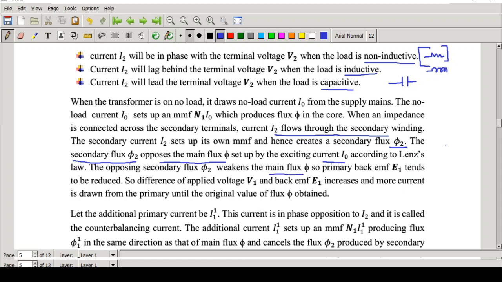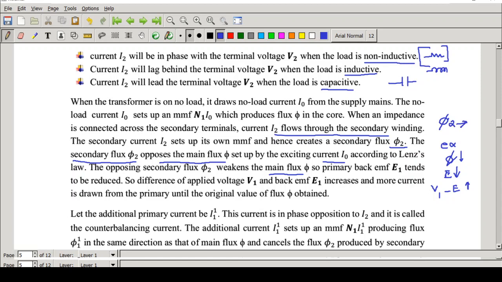So you know the induced EMF is proportional to this change in the flux, right? So when the flux is reducing, induced EMF will also try to reduce, right? So the difference V1 minus E will increase. So what is the step? First, there is a flux phi2 due to the flow of the current I2.